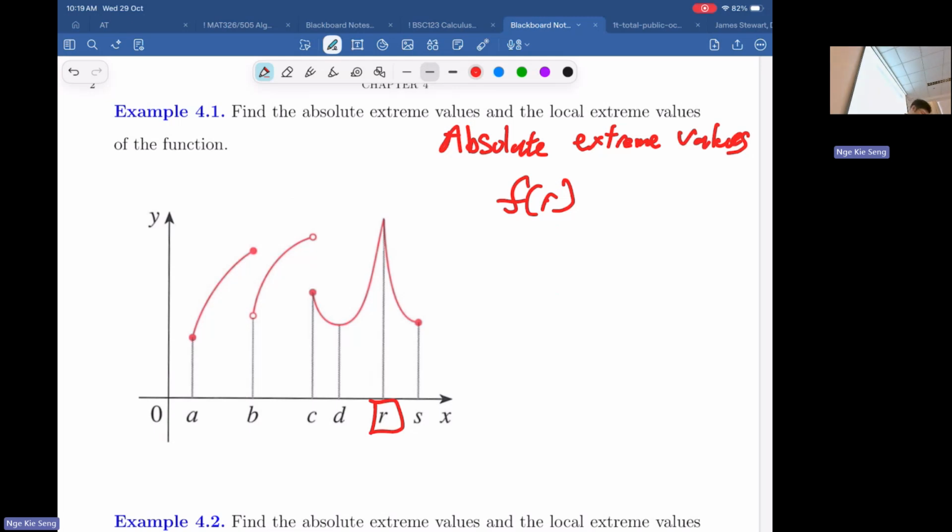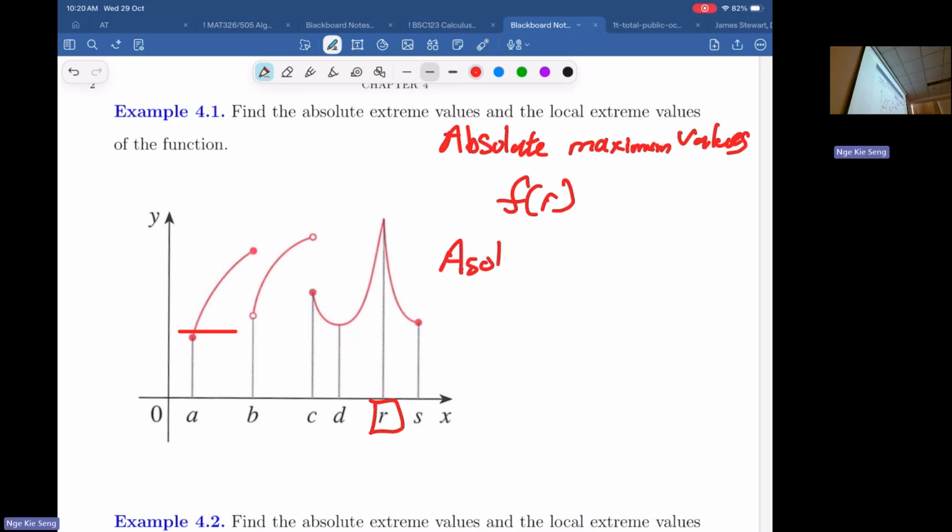So is this the highest? Everyone else is lower than it. So this one is the absolute maximum, right? Do you have some absolute minimum? f(A), good. If you look at f(A), everything else is above it.